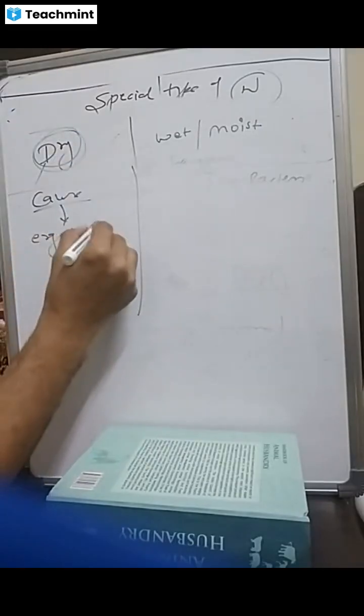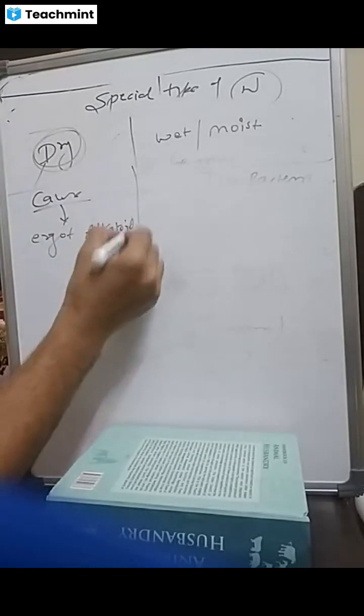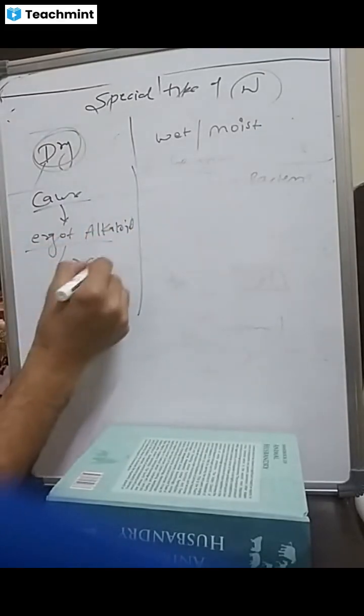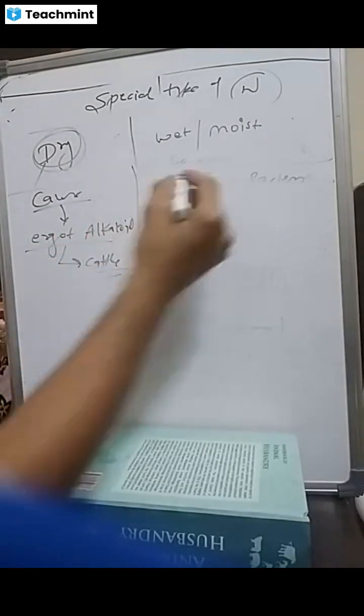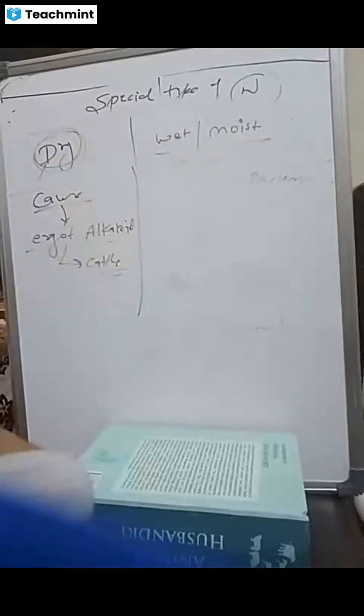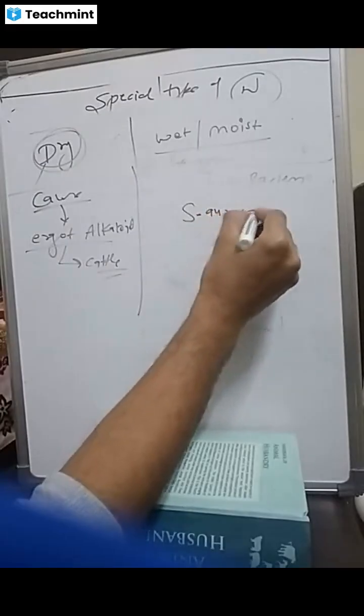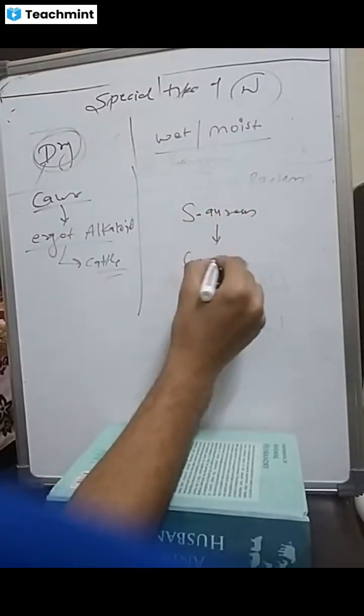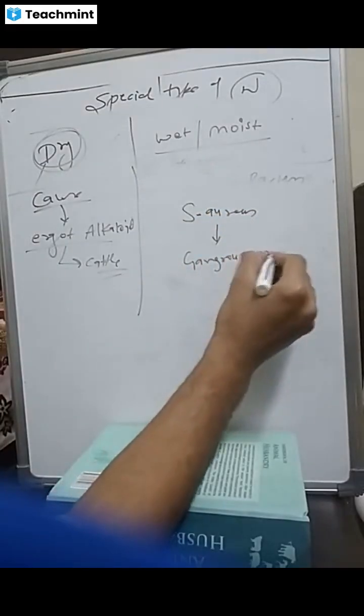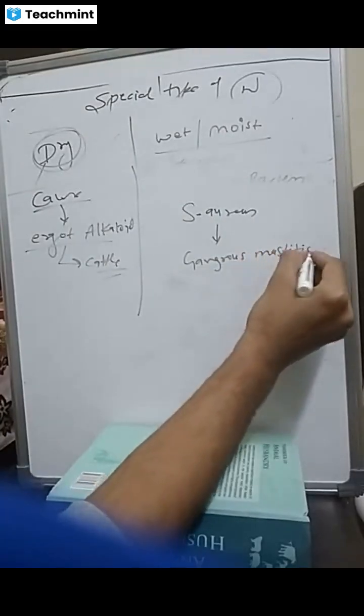Ergot alkaloid. In case of cattle, ergot poisoning. Wet or moist gangrene is because of Staph aureus, which is causing gangrenous mastitis in cattle.